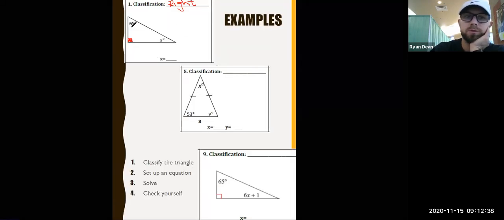So I'm going to take 65 and the x and add them together. X plus 65, and I'm going to set it equal to 90 degrees. That's what complementary means. So in this case, our x is equal to 25. Make sure that you include your degree symbol, 25 degrees.